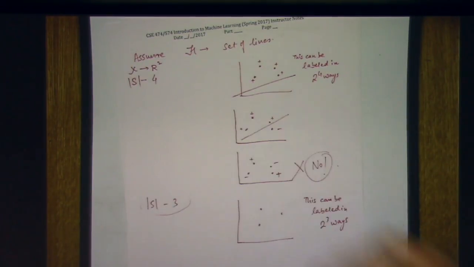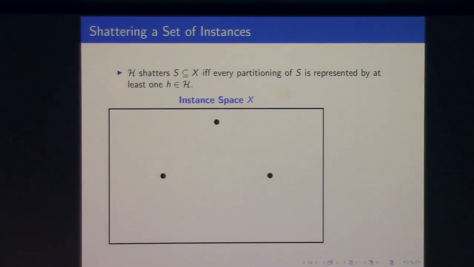In this analysis, we call this the notion of shattering. If you are given a set of instances S, which is a subset of your data space X, then we say that a hypothesis space shatters S if there is at least one H in this hypothesis space that can represent it.